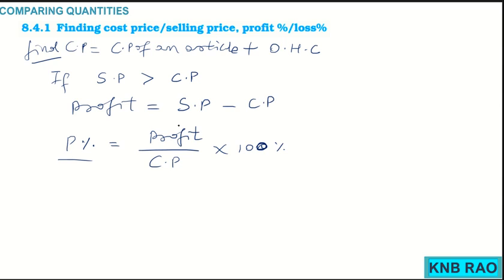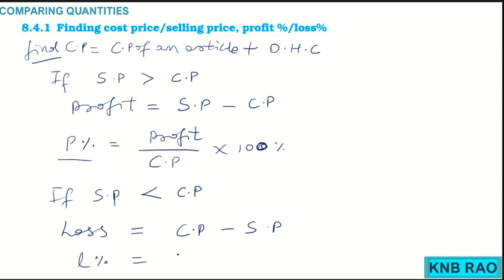Then we have another situation: if sale price is less than cost price, then we will have loss. That incurred loss is the difference between cost price and sale price, and loss percentage is also calculated out of the investment, that is cost price, into 100 percent. So these are the very important formulae.